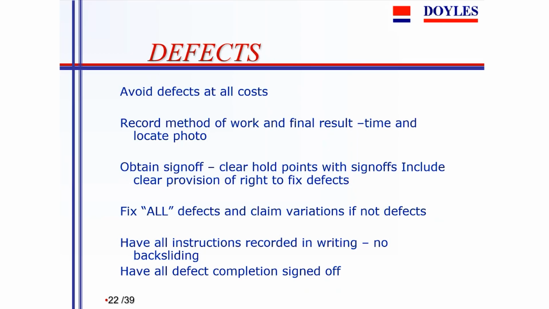Now, if the subcontractor is viewed as having lots of defects, then it'll cause strains on the relationship right up the feeding chain. So it's important for contractors to say, look, we have to avoid the defects. We have to get sign-offs, and we have to control the quality of the work so it comes out in the right way and at the right quality.